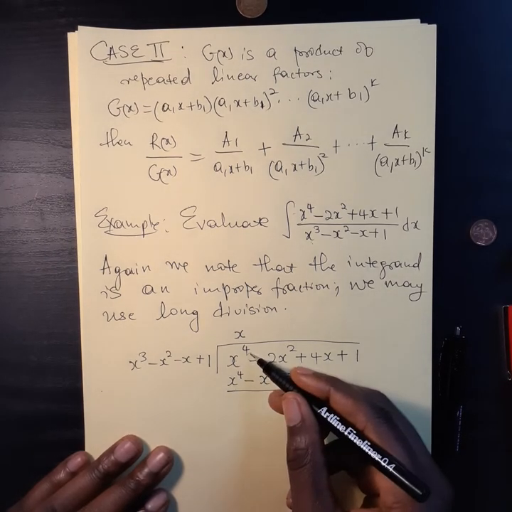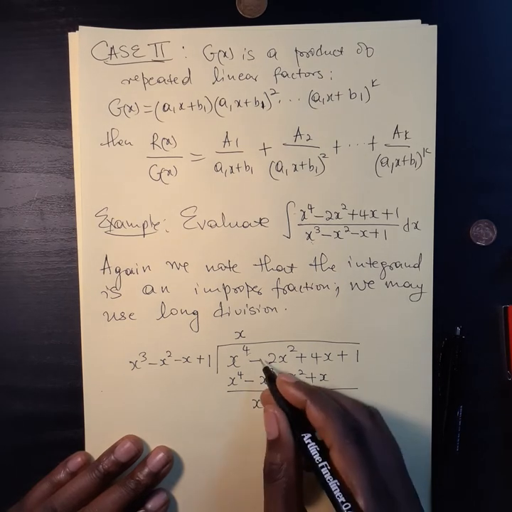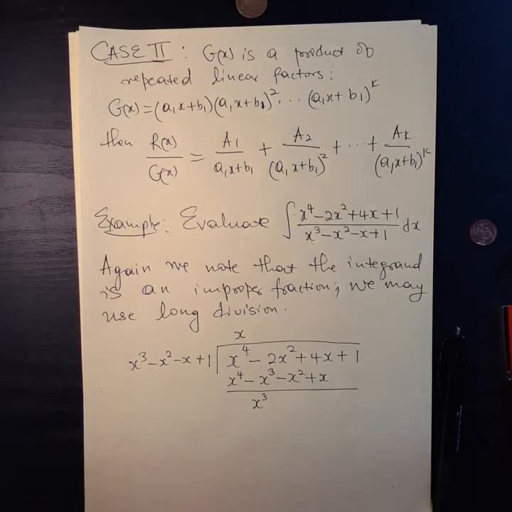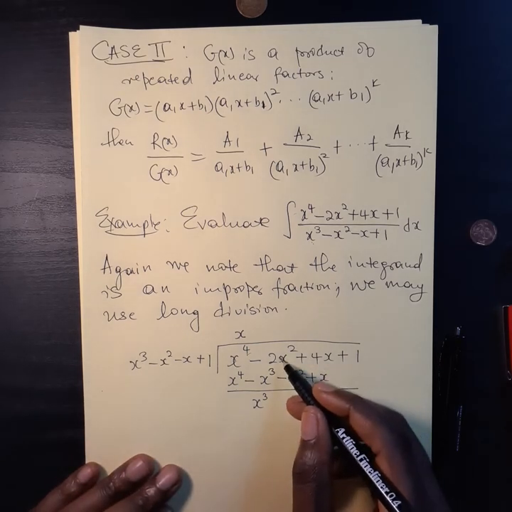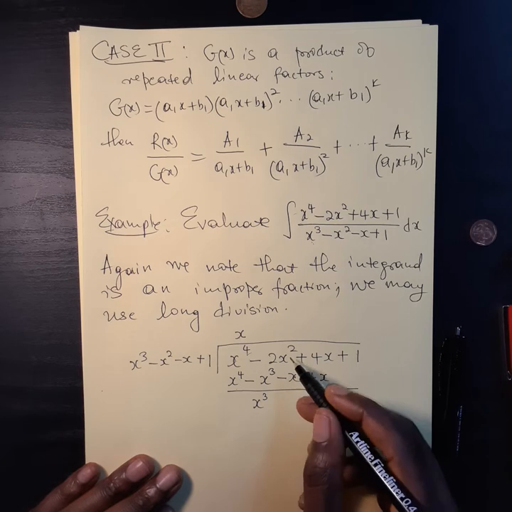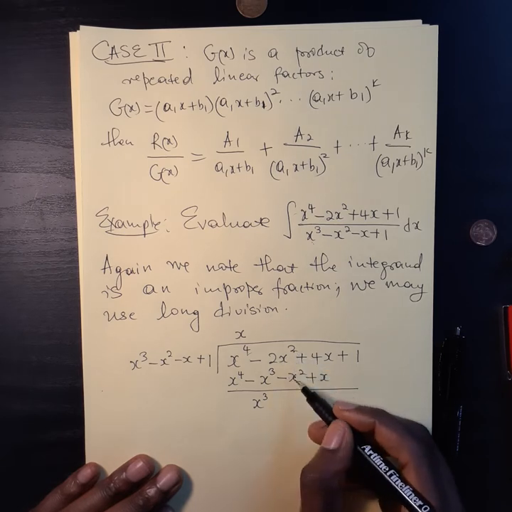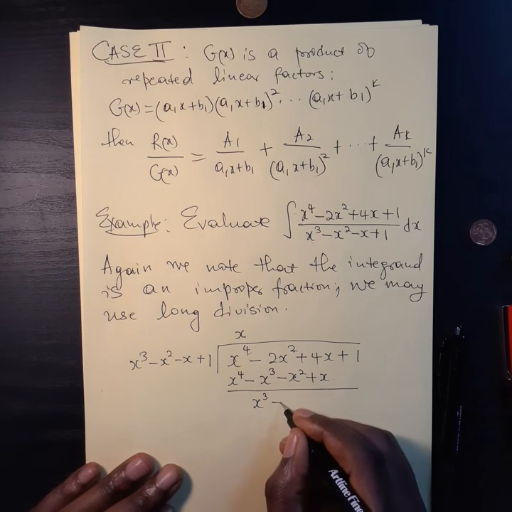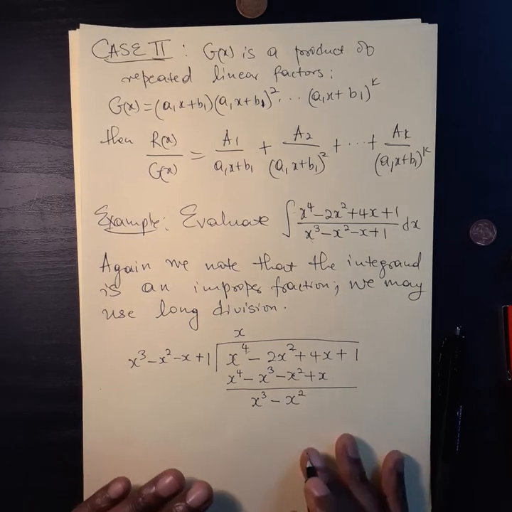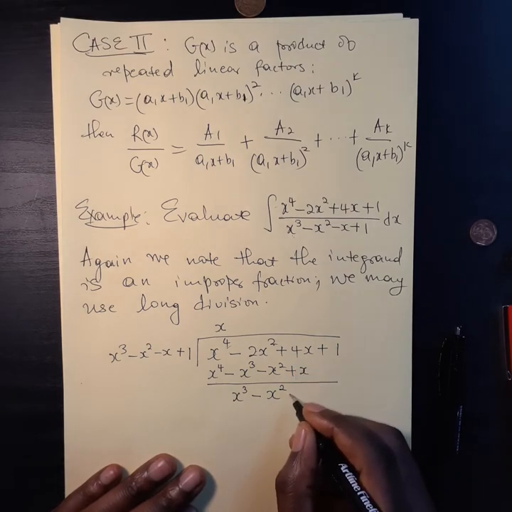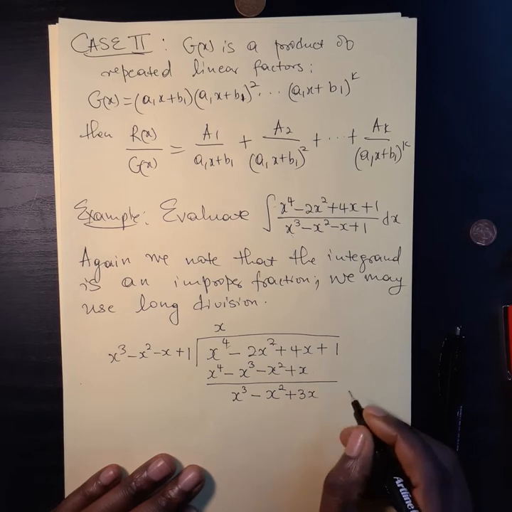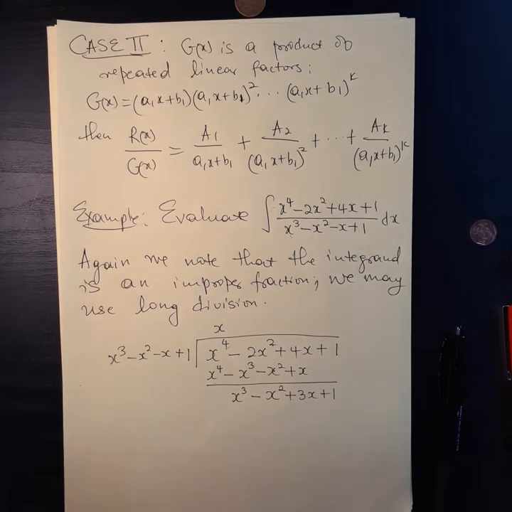Above this one we have a 0, so it will be 0x cubed minus x cubed, which gives minus x cubed. Then this one goes with that. You've got minus 2x squared minus x squared, which will give us minus x squared. Then 4x minus x will give us positive 3x, and then there is nothing below 1, so we get a 1, like that.